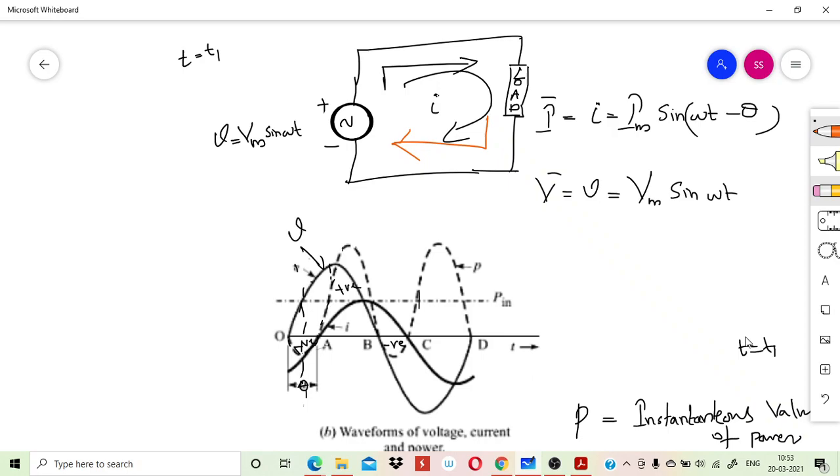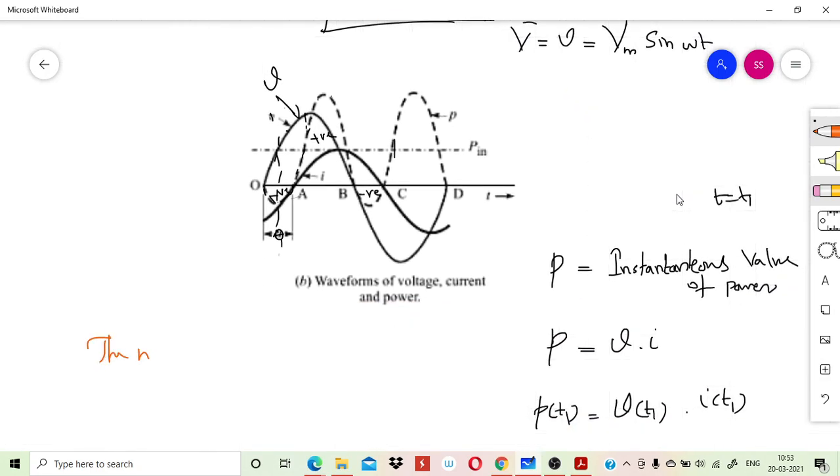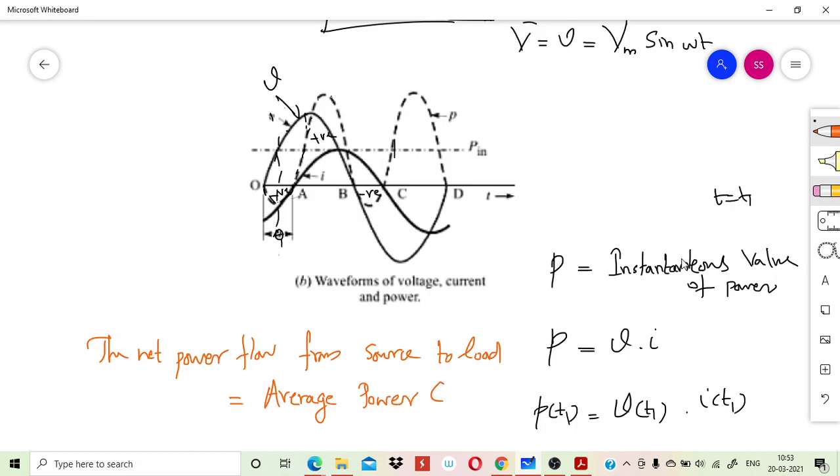In that case, the net power flow, that is, the positive power flow from source to load, is named the average power consumed by the load.